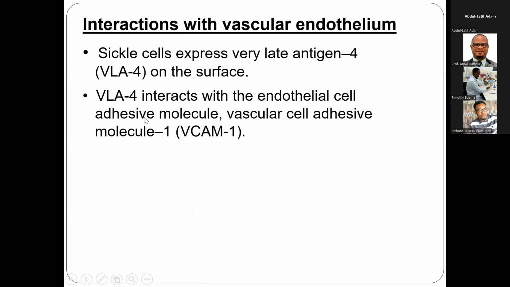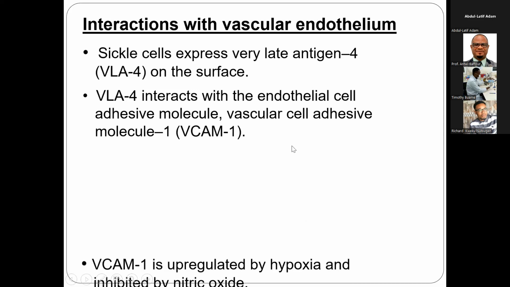So VCAM1 and VLA4 interact, and that allows the sickled red cell to attach to the endothelium and stop moving. So it's not only the shape that causes them to block, but when they become sickle, they express VLA4 that causes them to be linked to VCAM1, and then they stay.